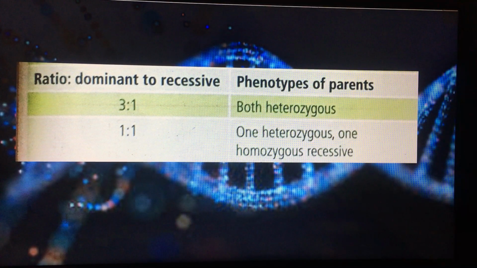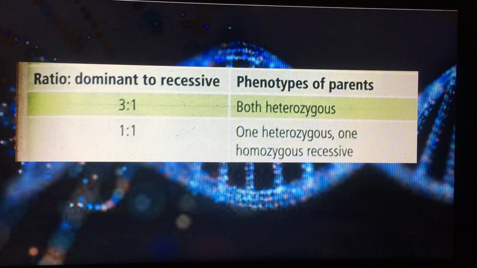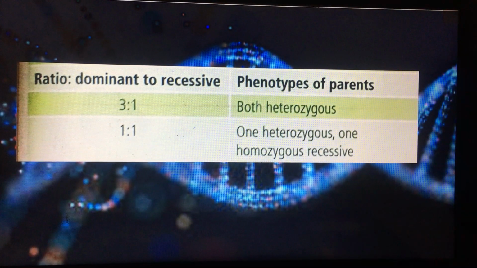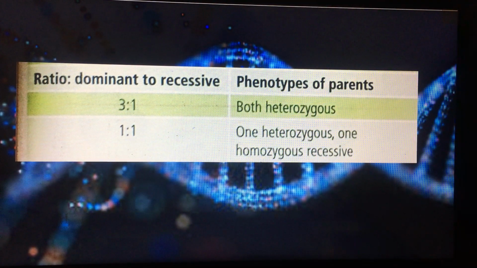Here we have another case, which is 1 heterozygous and 1 homozygous recessive. Try to make the cross of 1 heterozygous, which is B capital B small, and 1 homozygous recessive, which is B small B small.